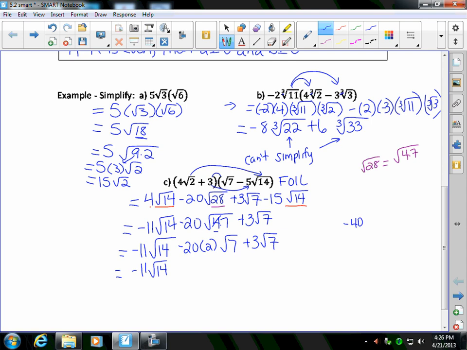And what I notice again is that I have square root 7 and a square root 7. Those are like terms. So what I really have is going to be negative 40 plus 3. So that's going to be negative, whoops, 37, not 33. Negative 40 plus 3 is going to be a negative 37 square root 7. So now that's simplified and done.